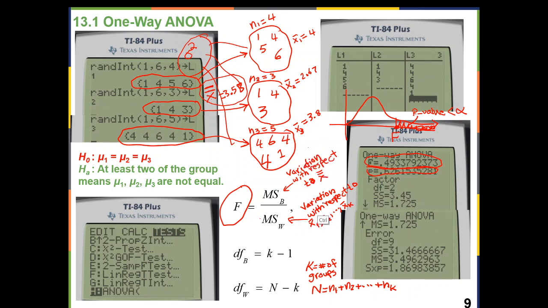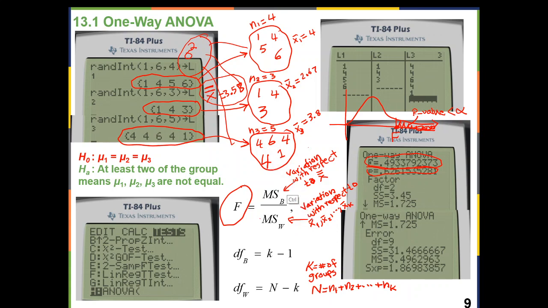And then another variation is the variation of the numbers with respect to their own group means, right? And that variation goes in the denominator. The unit of it is per item.